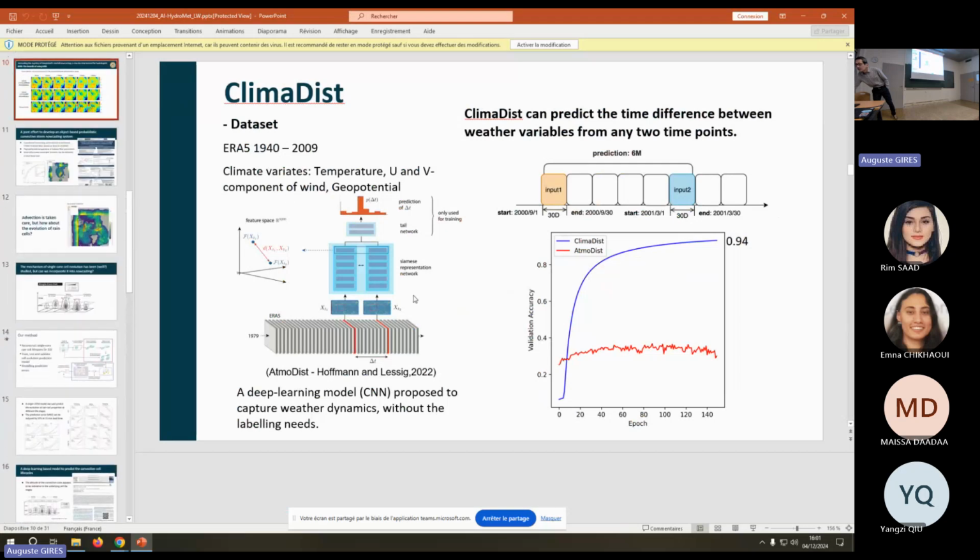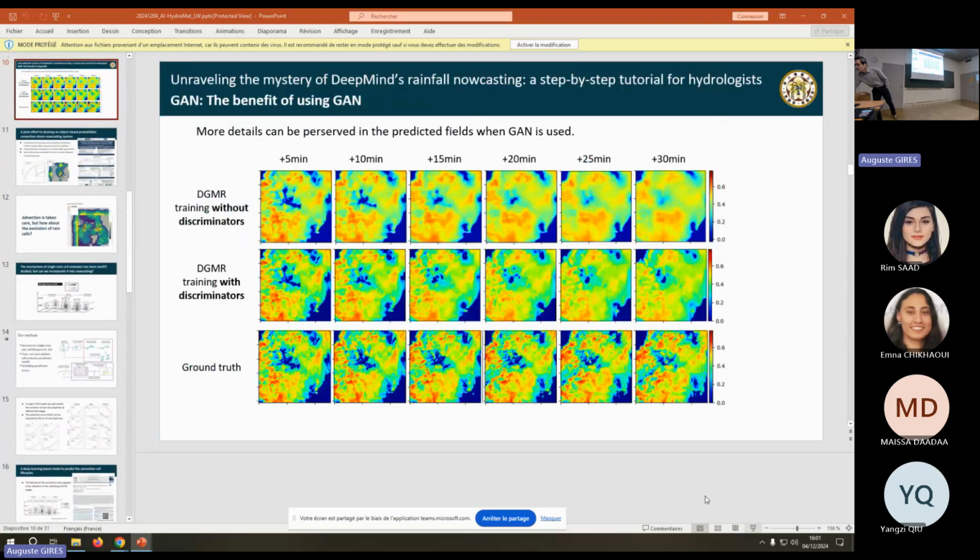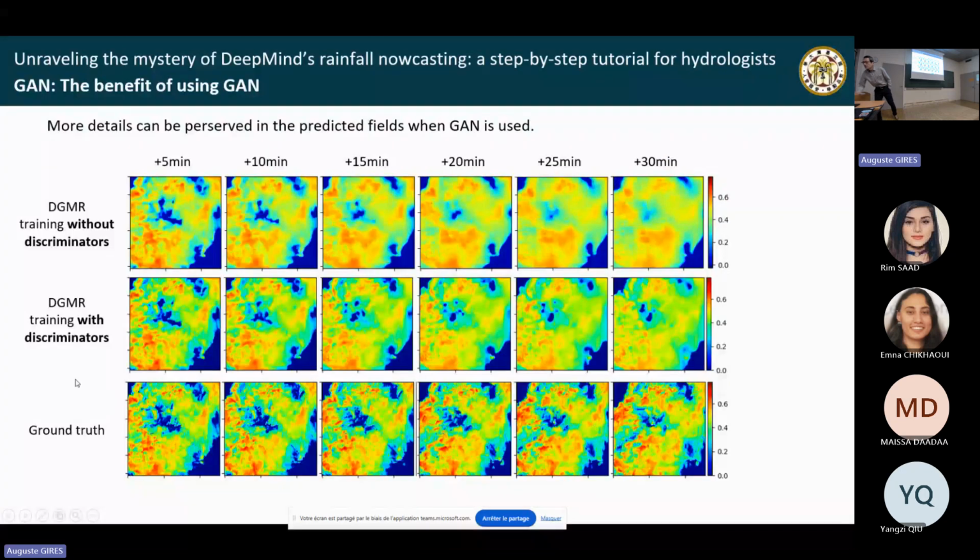Here I only show more like a visual comparison, but I can share the manuscript with you. We compare several things. One is the standard MAE or MSE. But we also consider, I forgot the name, a metric to compare the spatial structure based on the Fourier transform.